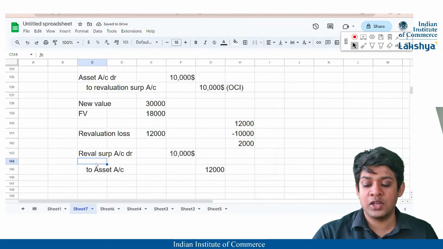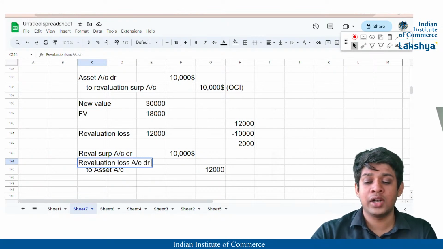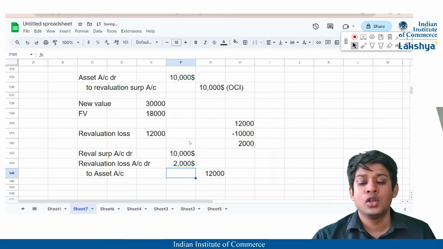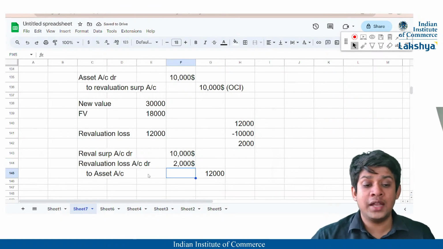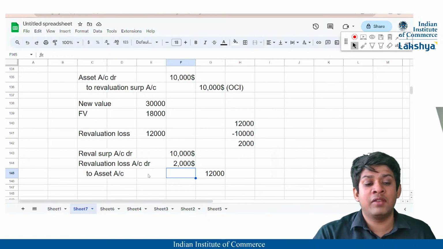That 2,000 loss will be shown here as a revaluation loss account debit of $2,000. So always remember, usually my revaluation loss goes to P&L, but if before the revaluation loss there is a revaluation surplus, first you should eliminate the revaluation surplus, and then the amount of loss above that will be taken to P&L.